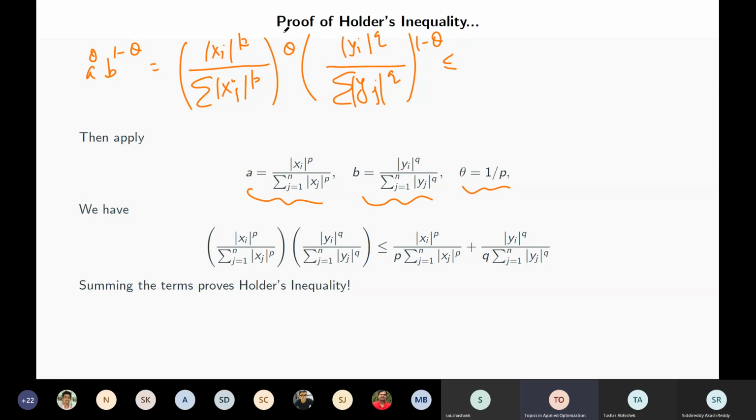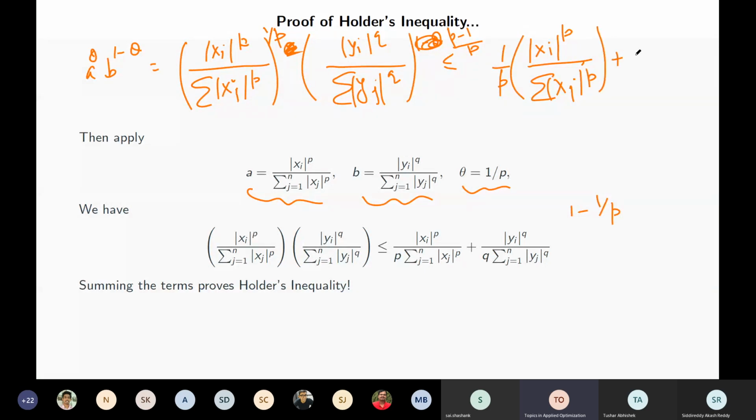So theta in our case, let us put this p, theta is 1 over p, and this is 1 minus 1 over p, so p minus 1 by p, and this is less than or equal to theta a plus 1 minus theta b. So theta a is like 1 by p of a. Is it necessary to write all this?